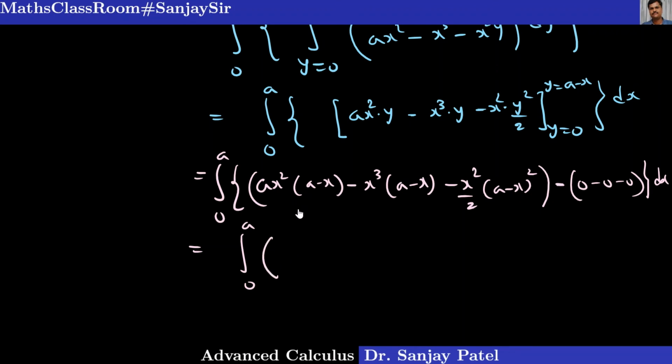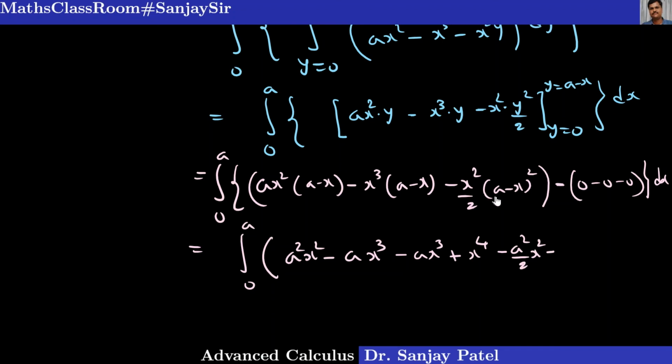What we can do here is simplifying. We'll get a square into x square minus a into x cube, then minus a x cube again, plus x raised to 4 here, and then here it is a perfect square. So it is a square minus 2ax plus x square. Multiplying by a square, we'll get minus a square by 2 into x square.